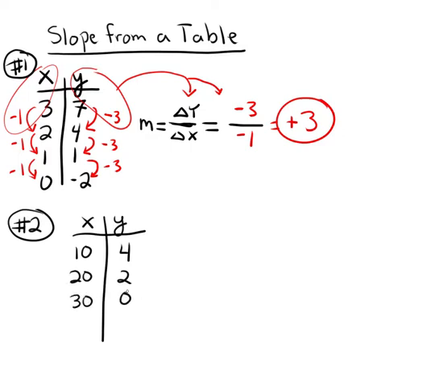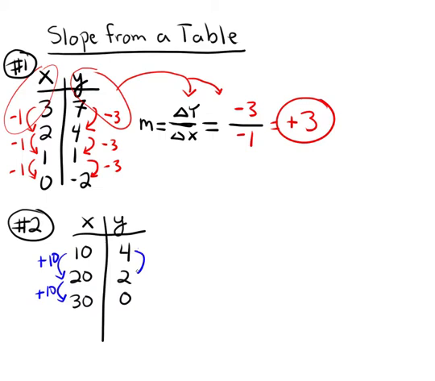So if we take a look at this one, again, I think I'll use a different color just to help me organize my thinking. So I'm going to start over here on the X's, which here are a +10. I like going +10, +10. It's a nice positive going up for the change in X.